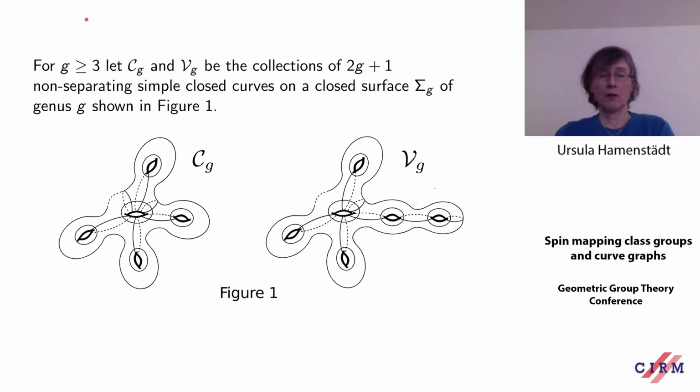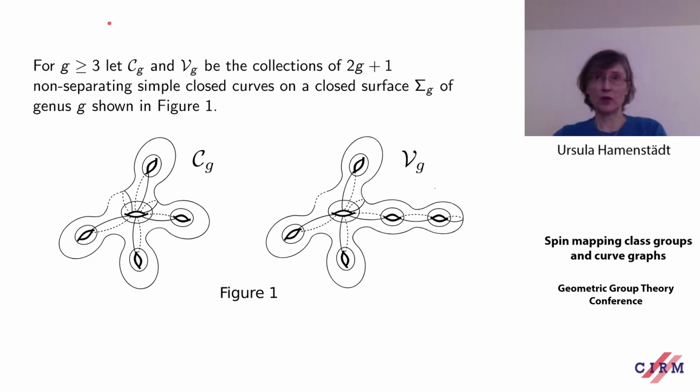Now, the mapping class group itself has many different known systems of generators, given by Dehn twists about explicit sets of simple closed curves. The best known system of generators is probably the system that was introduced by Lickorish.